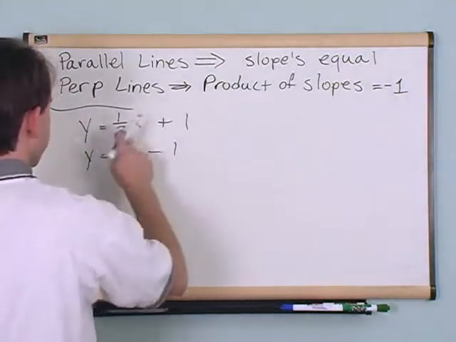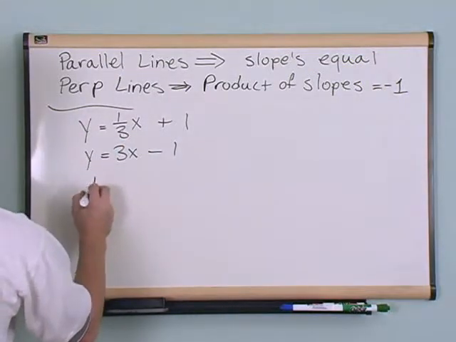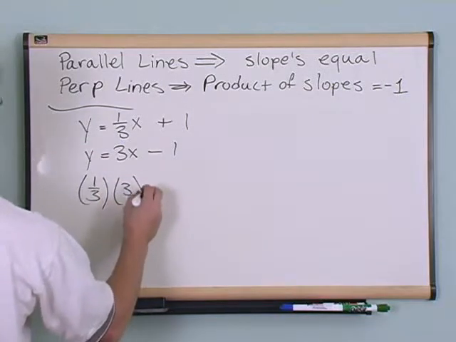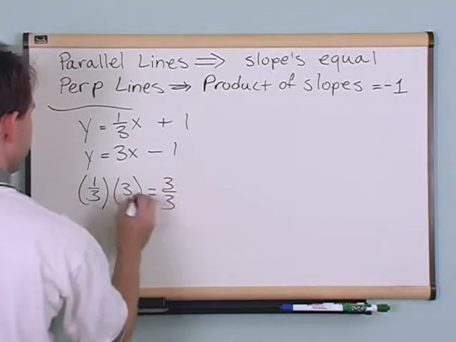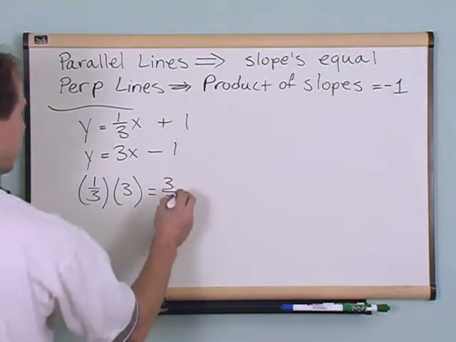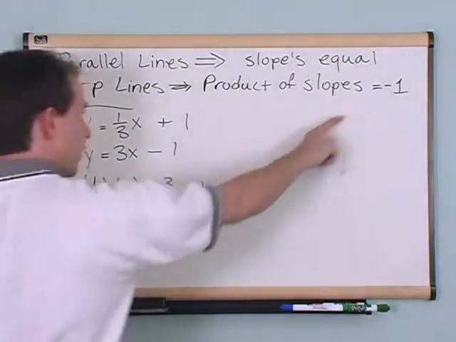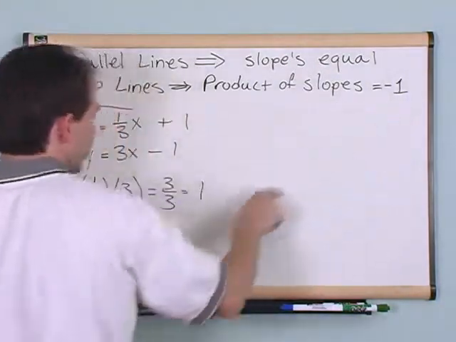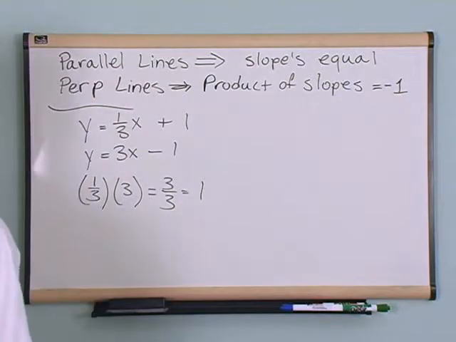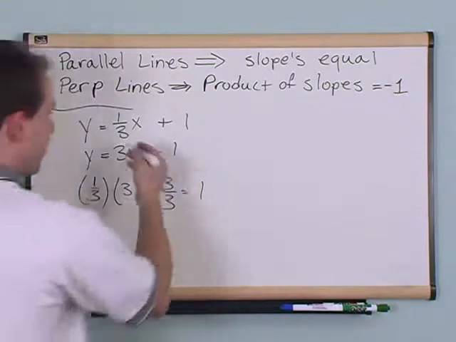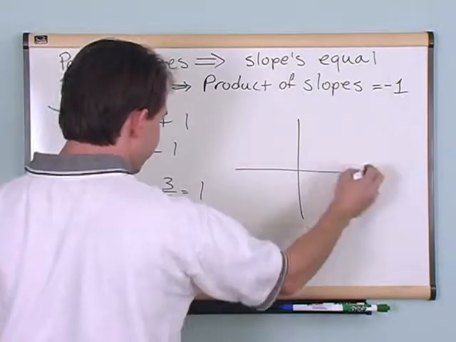We multiply these two slopes together. 1/3 times 3 is equal to 3 over 3, which equals 1. Now that's pretty darn close, but they're perpendicular if the product of the slopes is -1. This is +1. So these lines are neither perpendicular nor parallel.